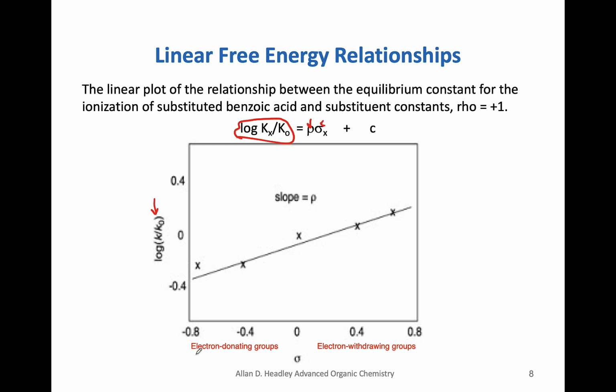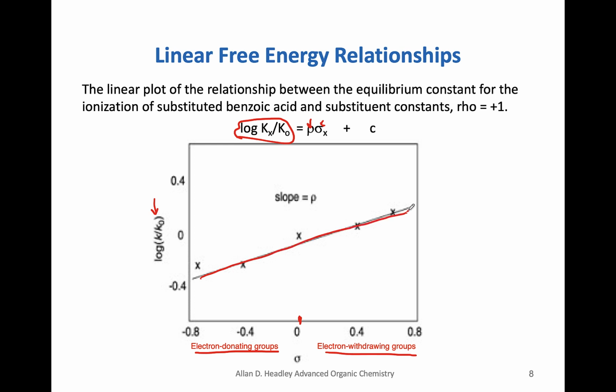Notice again that because we have negative values here, this is 0 right in the middle, negative values are here, so these are electron donating groups such as your amino methoxy. On this side, positive values. It's electron withdrawing groups such as your halogens and nitro group, the cyano group, for example. But the main take-home lesson here is that this slope is 1.